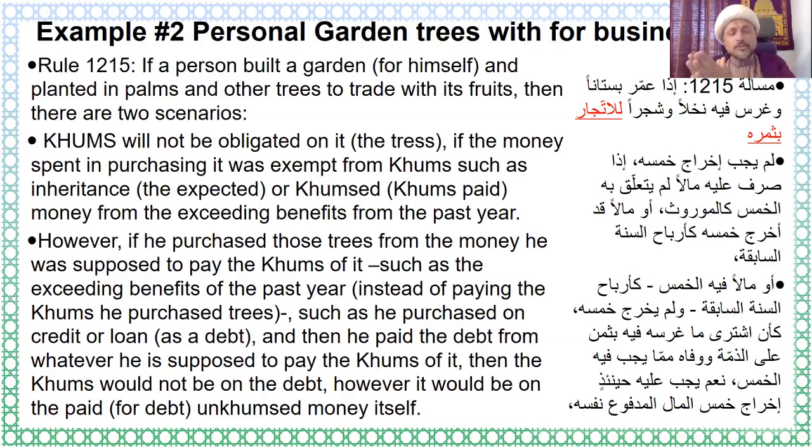So first we are going to discuss the trees which are going to grow on the garden, and then we are going to discuss the garden itself. And that will be our lesson for today. Are you ready? Okay, let's move on.